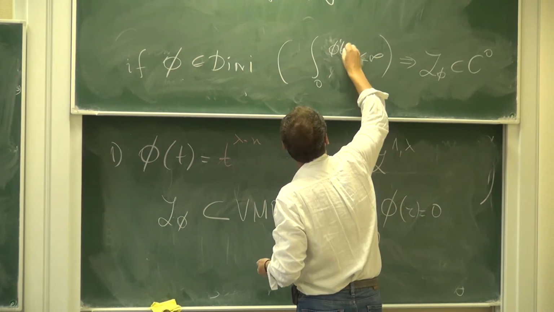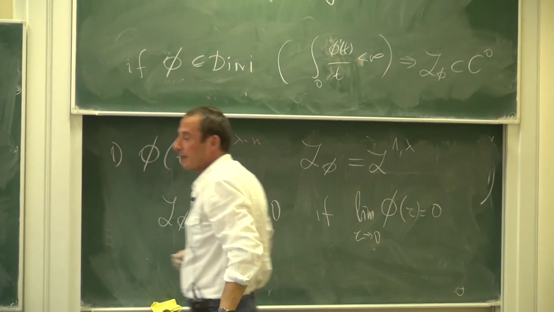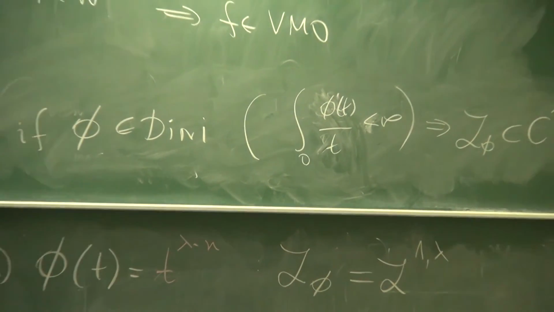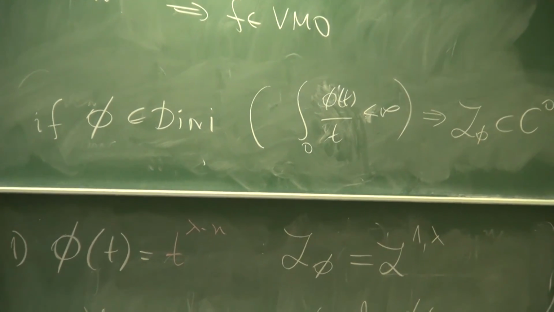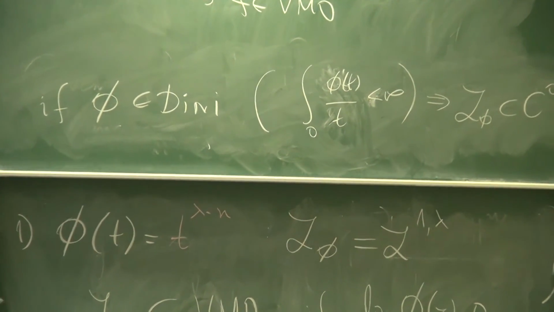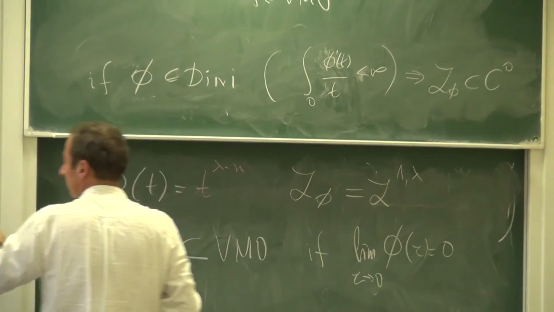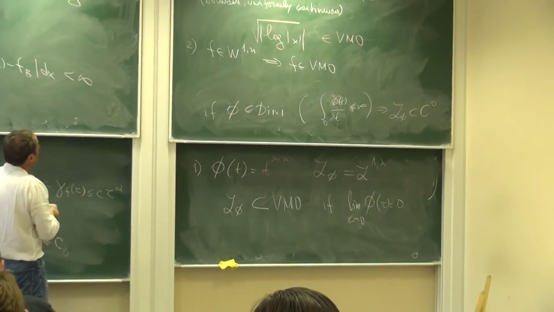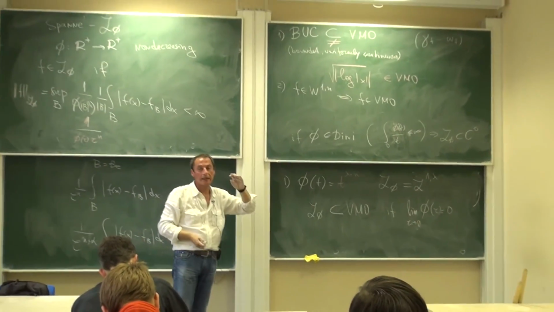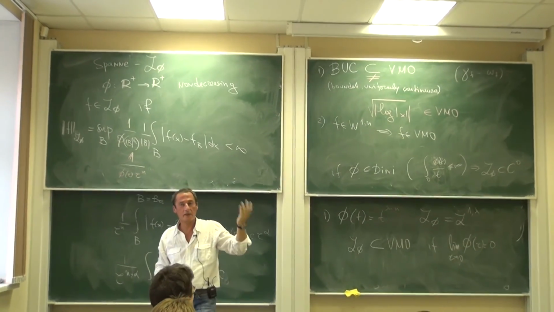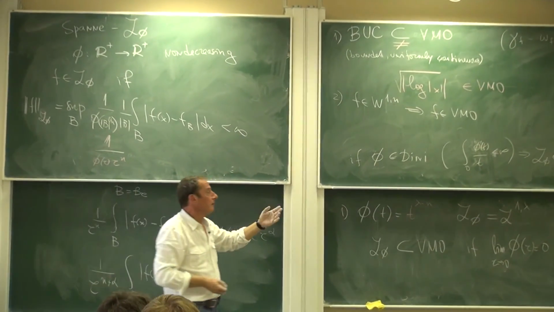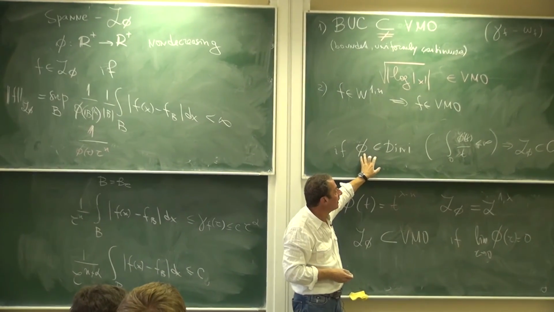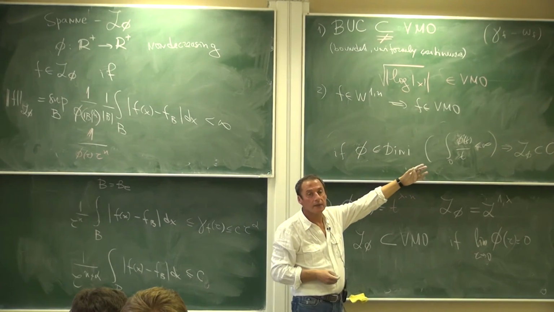And this is an optimal result. So you see that when the modulus of continuity behaves like r raised to alpha, you get a Hölder continuous function. But you can take a worse phi, and you will have only continuous functions.